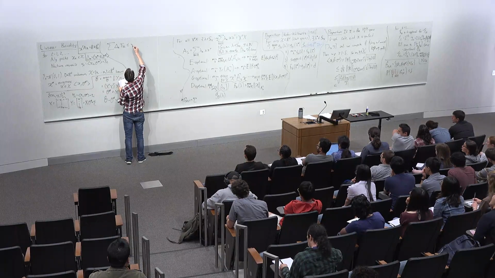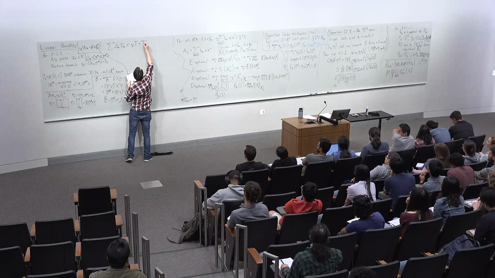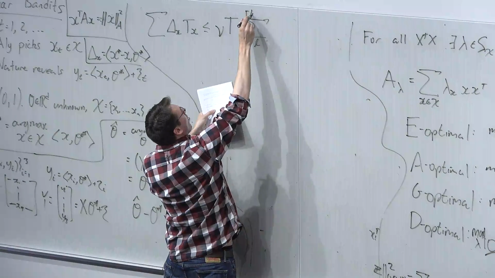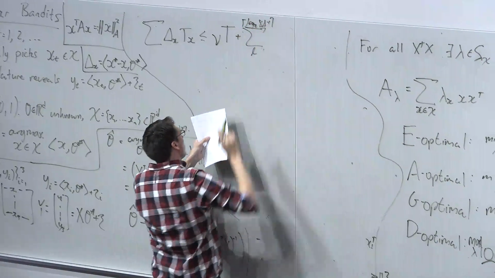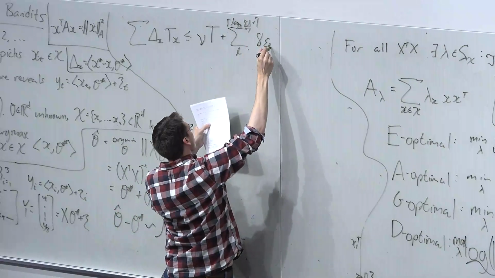Then we do the same trick over all L, but only up to log 2 of 8 delta inverse, where that's the minimum gap. And again, we get this 8 epsilon L.